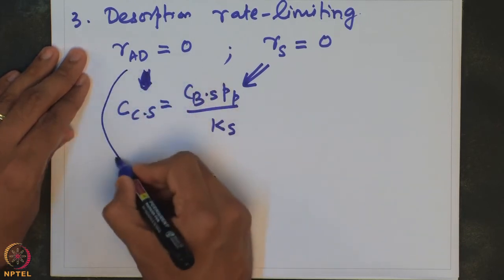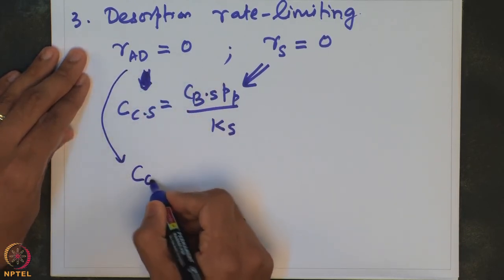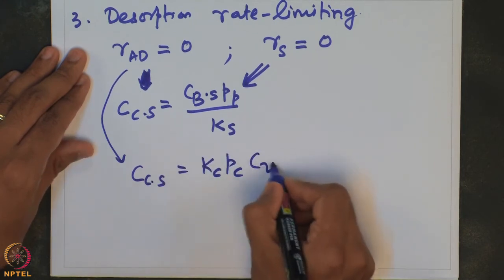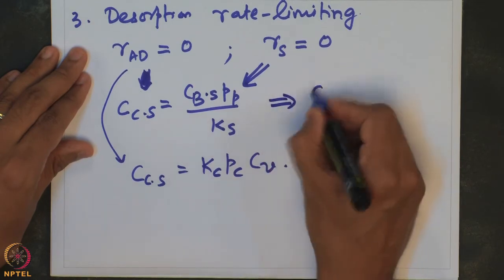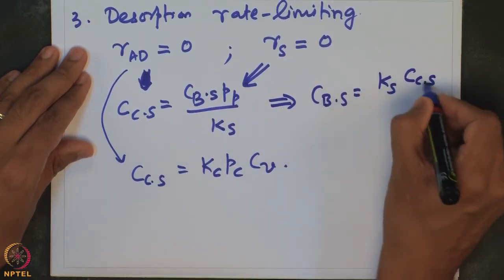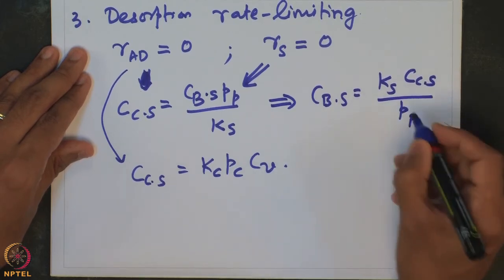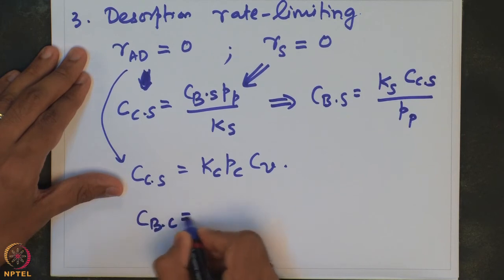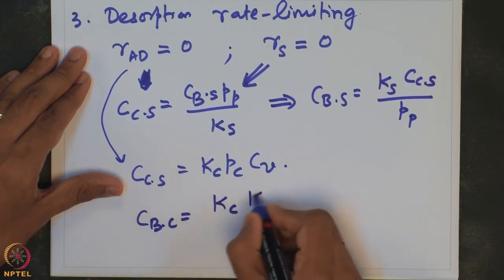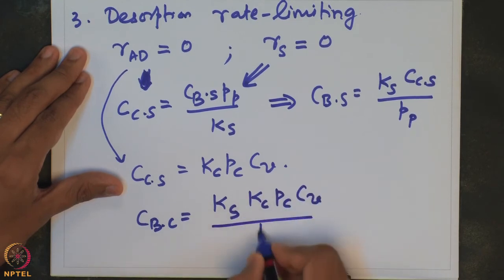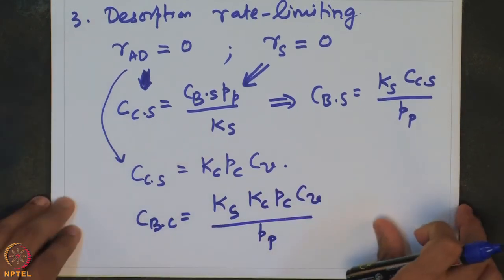one will get that Cs is equal to Kc Pc into Cv. So, from here Cbs is equal to Ks into Ccs divided by partial pressure of propylene. By substituting this expression, we will see that it is equal to Ks Kc Pc into Cv divided by partial pressure of propylene. Once again we substitute these in the conservation rule.